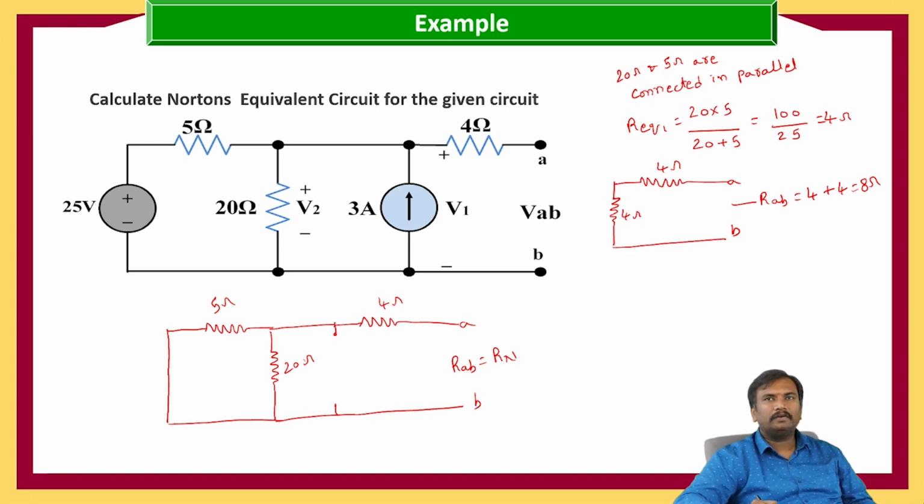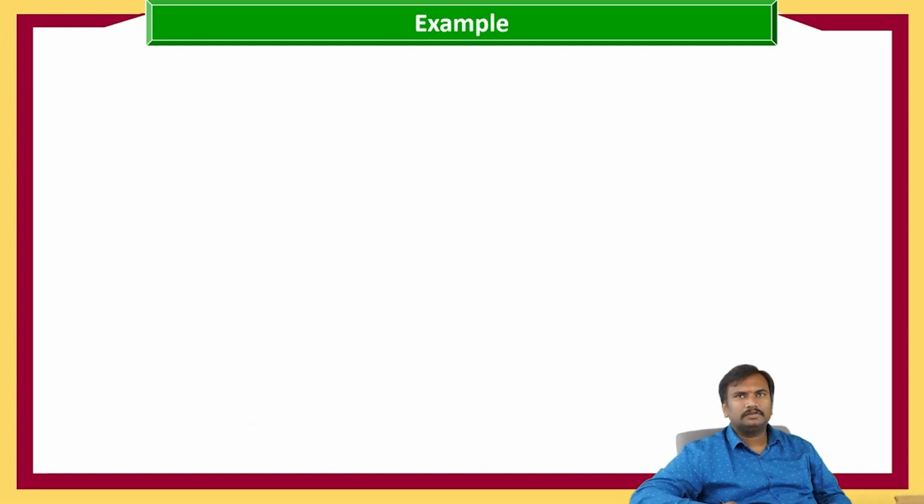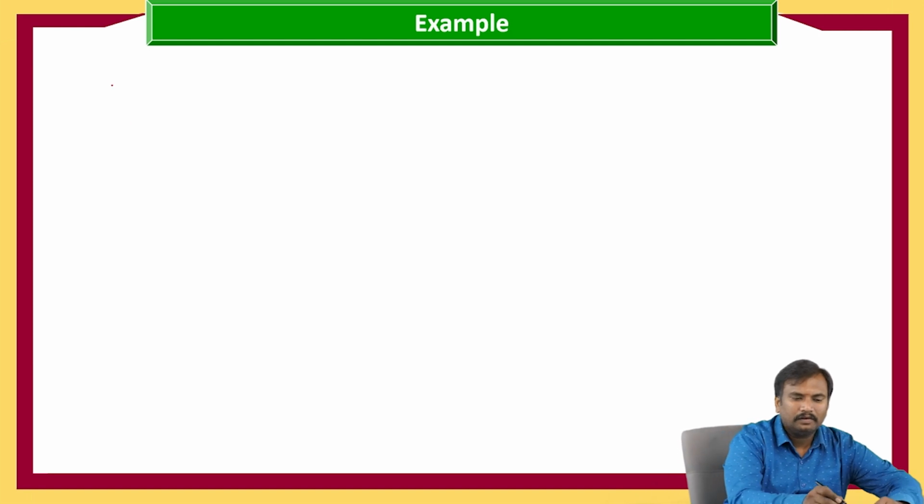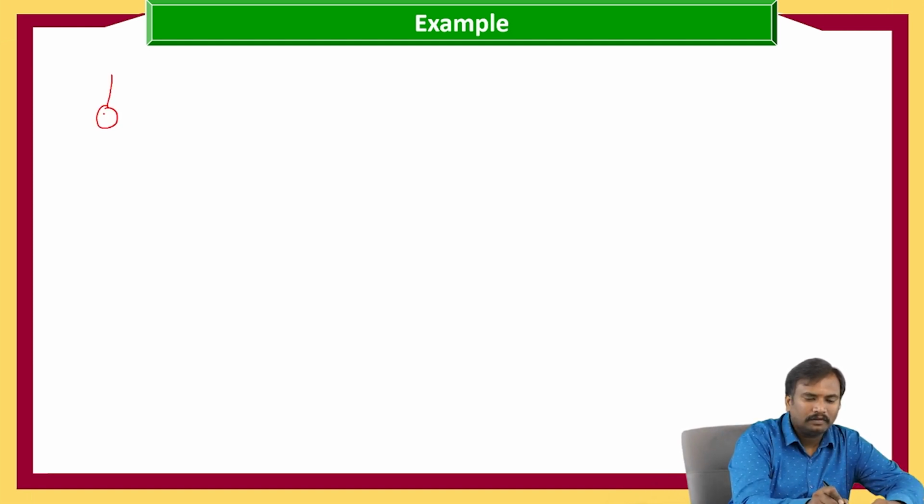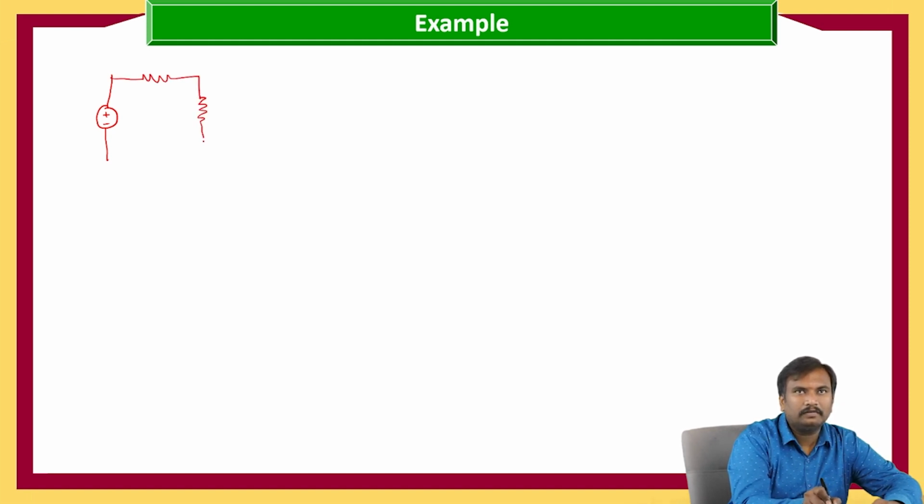And then we need to calculate the short circuit current, that is the Norton's current. For that we need to replace the open circuited terminals with a short circuit. Here I'm redrawing the circuit.